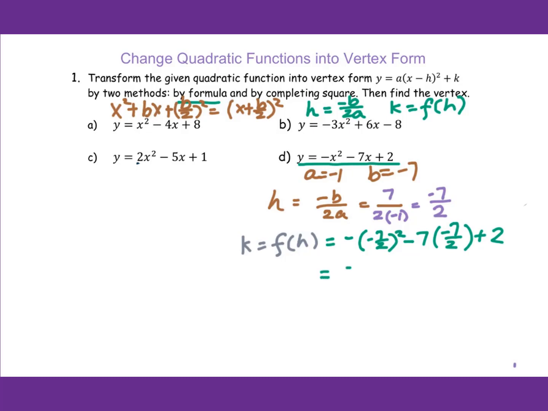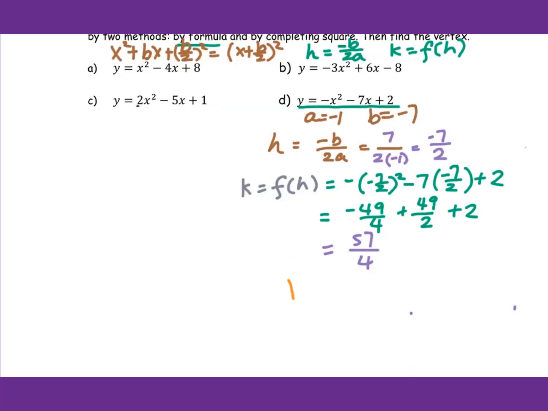You will get negative 49 over 4 plus 49 over 2 plus 2. Put into calculator, you will get 57 over 4. Therefore, for the vertex, you get negative 7 over 2, 57 over 4.